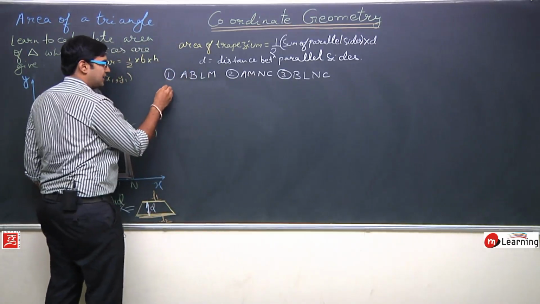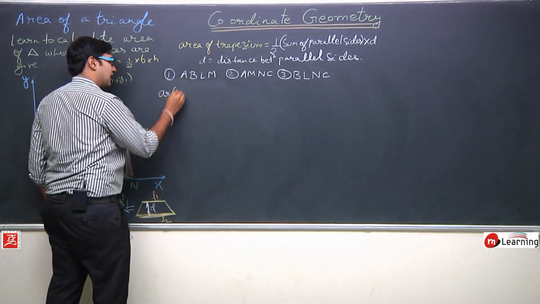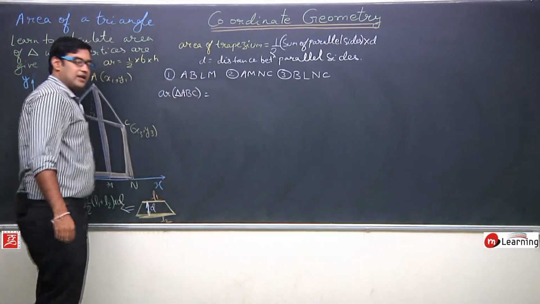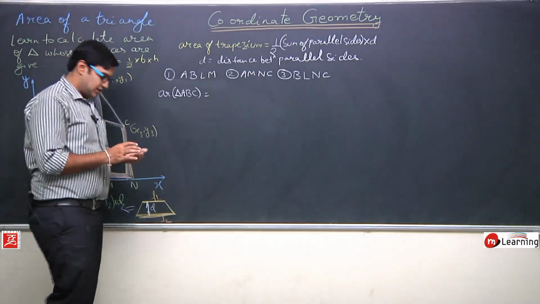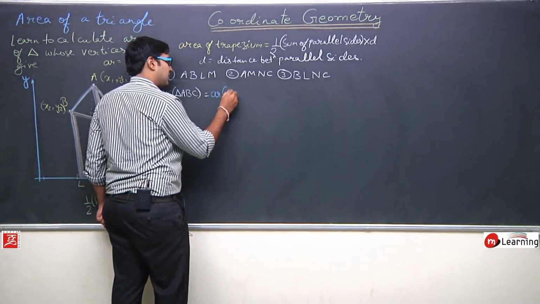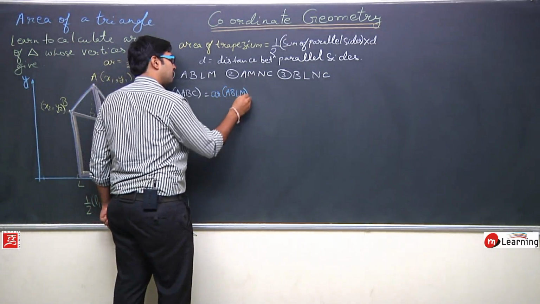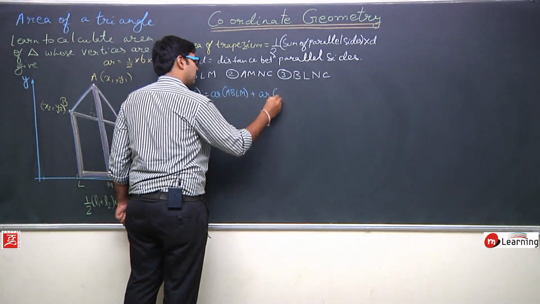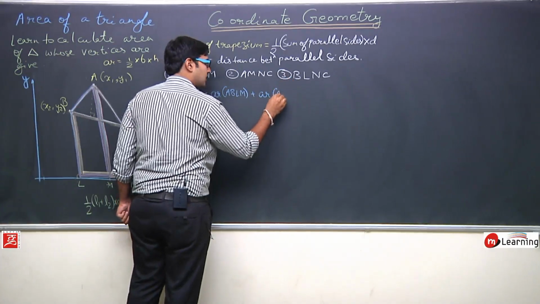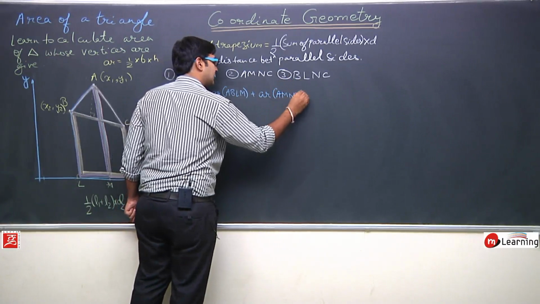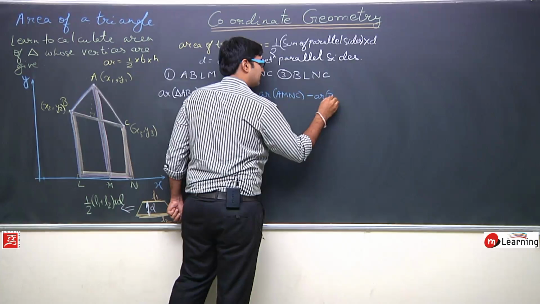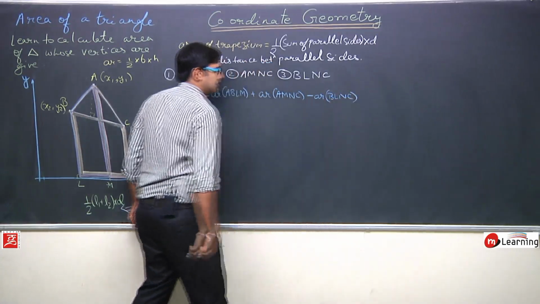Now, I can write area of triangle ABC is equal to area of trapezium ABLM plus area of trapezium AMNC minus area of trapezium BLNC.